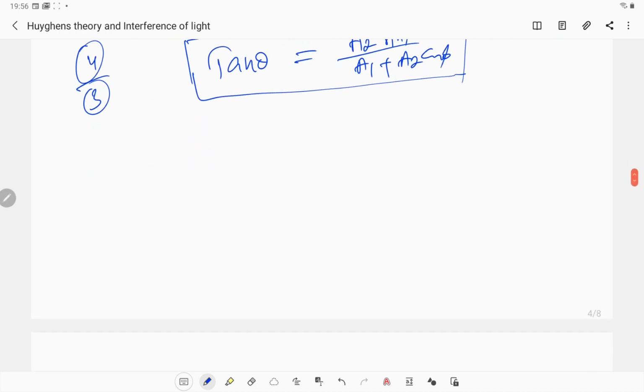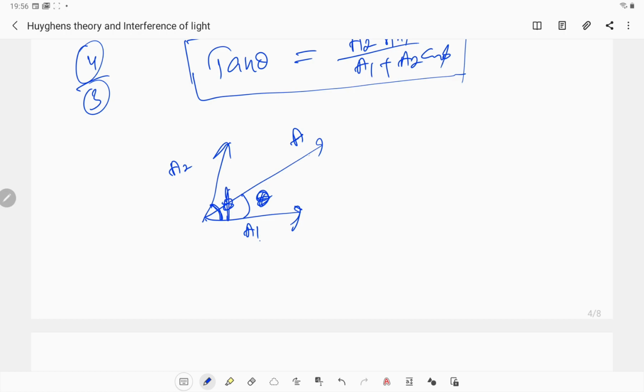For example, amplitudes are not actually vectors, but if you consider vectors, this is a1, this is a2, and the angle between them is φ. The resultant is A, and it makes an angle θ with the first vector. A is the resultant vector, and between a1 and a2 the phase difference is φ.